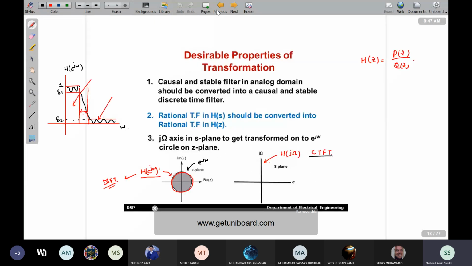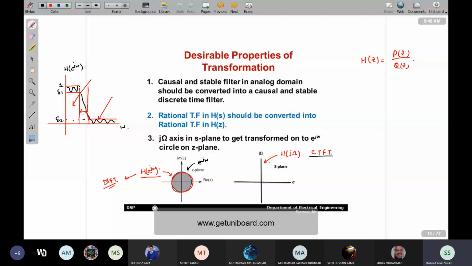So in that context, we said that these are the desirable properties of the transformation, any transformation, whichever comes your way. And that is that causal and stable filter in analog domain should be converted into causal and stable discrete time filter. The reason is that if you have designed an H(s) which is causal and stable, but your transformation is not capable of transforming it into a discrete time filter which is causal and stable, then there is no use of having that transformation.